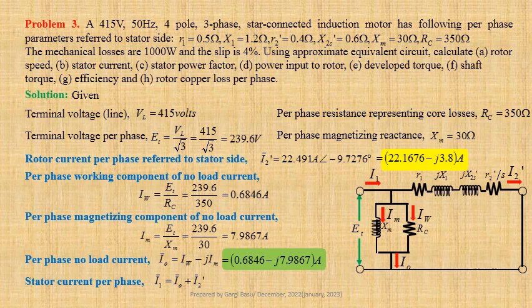Using values we get I1 equals 22.8522 minus j times 11.7867 ampere. This may be written in polar form as 25.7128 ampere at an angle minus 27.284 degree.